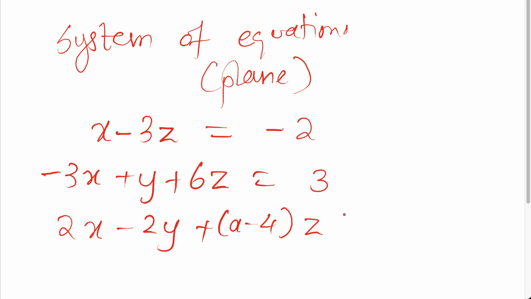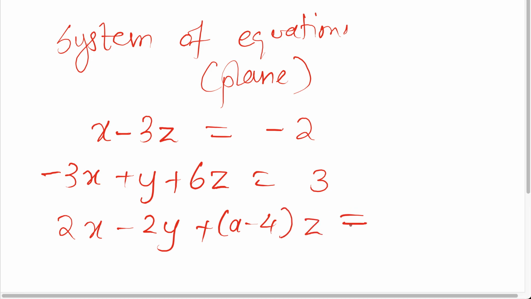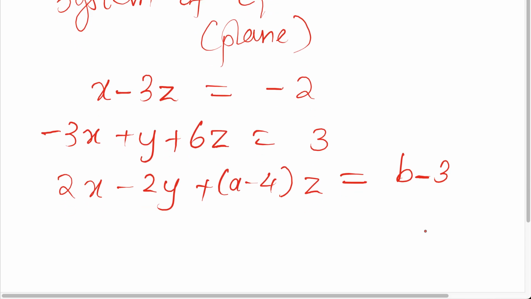So I'm not giving you a known coefficient, because in this problem we want to establish some conditions for when a set of three equations with three unknowns can have a unique solution, infinite solutions, and no solution, because that was something that we discussed in the last video.